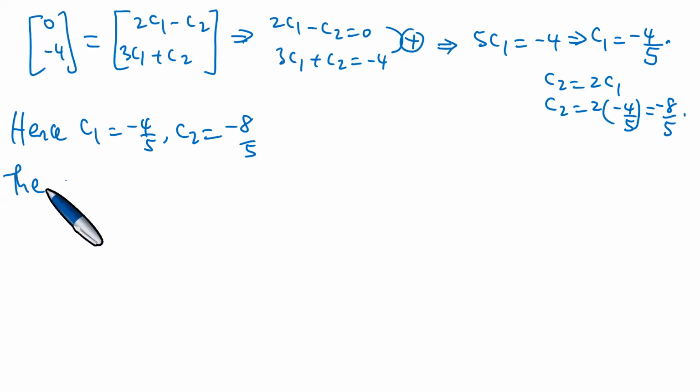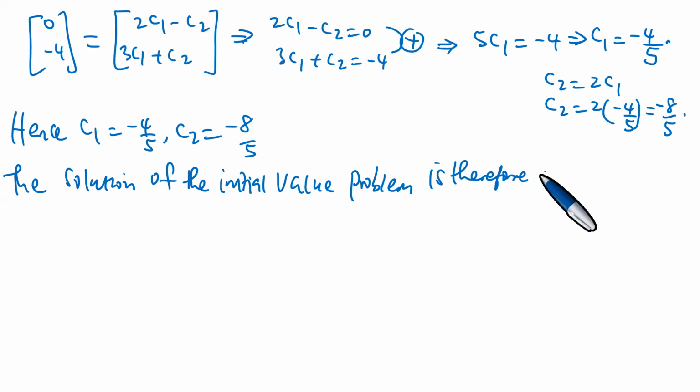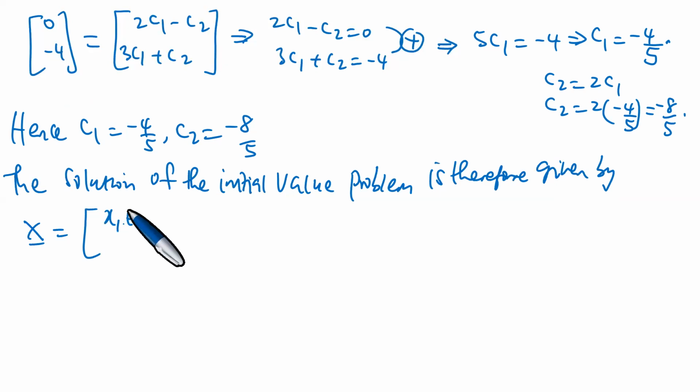The solution of the initial value problem is therefore given by x, which is x1 of t and x2 of t. And what is x1 of t?